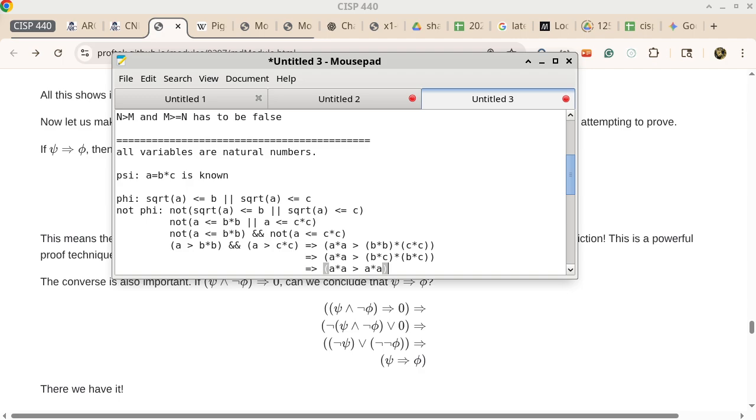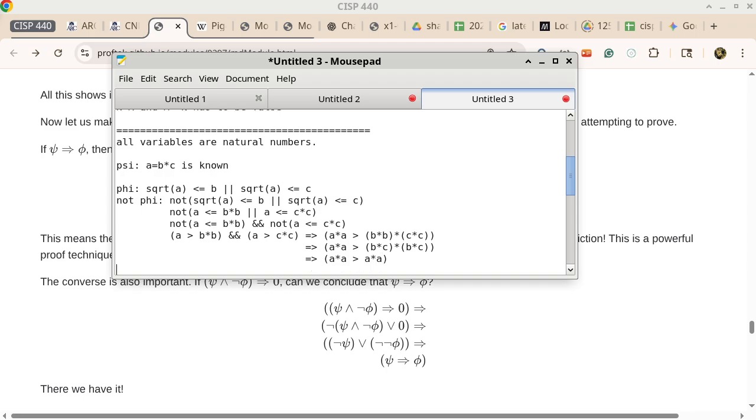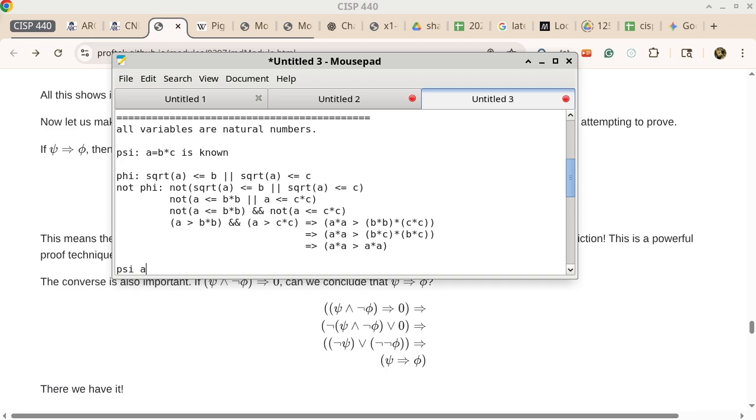So this by itself is already a contradiction, but it is because of the negation of phi. So that means if you combine psi and not phi in this case, and then we put extra parentheses to emphasize that we are negating just the phi itself, this is now guaranteed to be false.